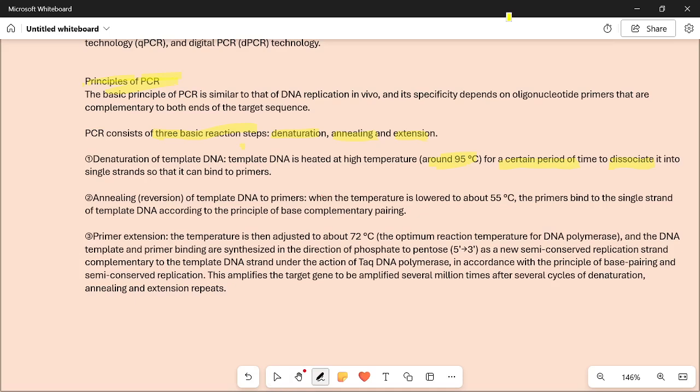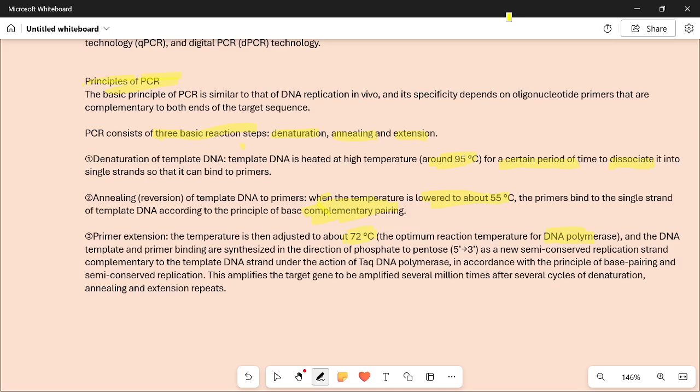The next step is annealing. The temperature is lowered to 55 degrees Celsius. In that step, we have the double-stranded DNA separated into two single strands, and the primers bind to the single-stranded DNA based on the principle of complementary base pairing. The next step is primer extension, at about 72 degrees Celsius. This temperature is very important, because it is the optimum temperature for the activity of DNA polymerases.